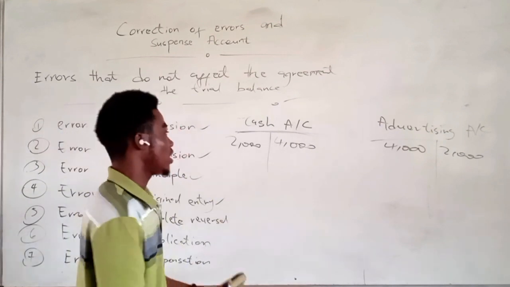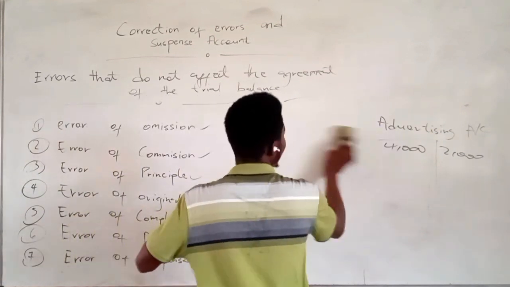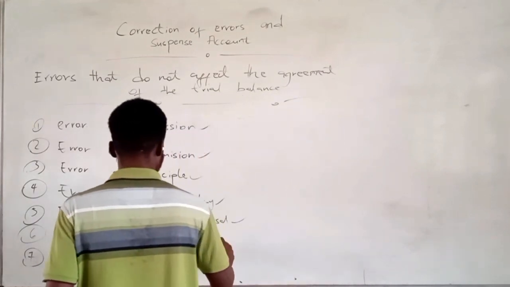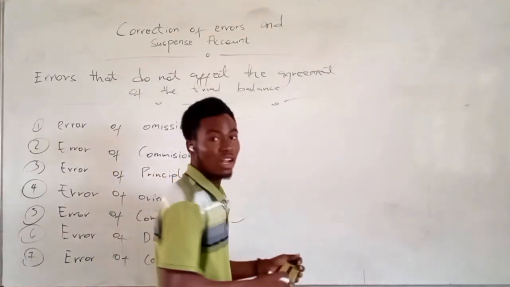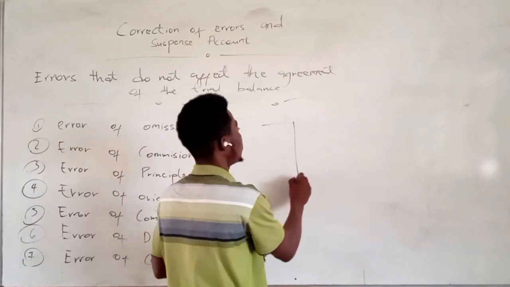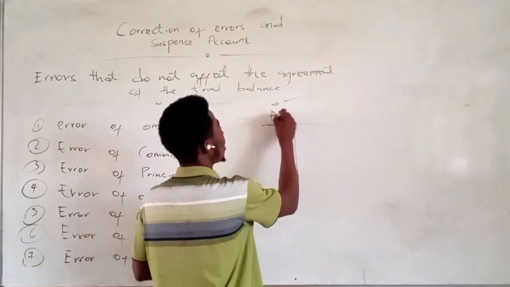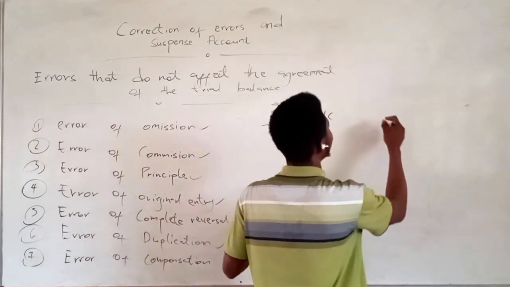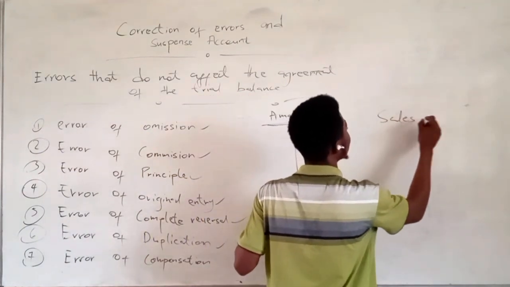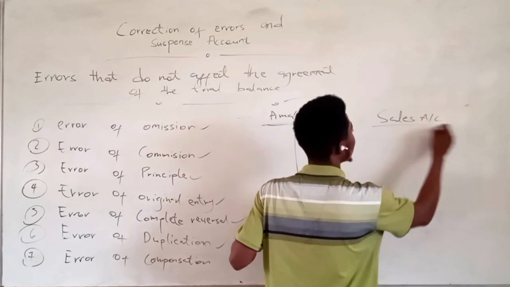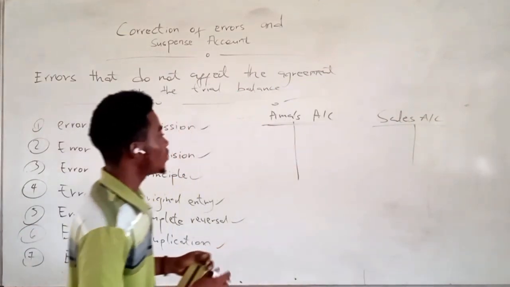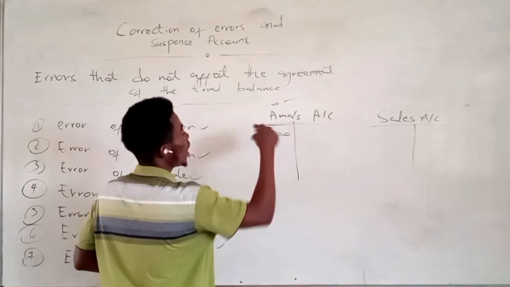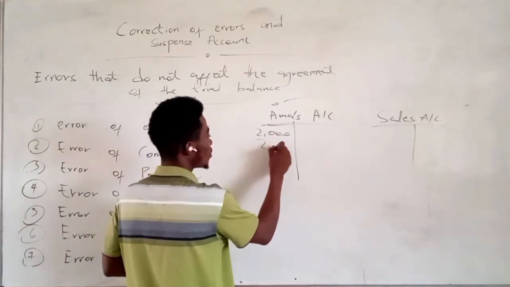Let's go to another error and correct it. We have the error of duplication. Let's say we have Amex account and we have sales account. Error of duplication is, let's say we recorded this 2,000 and we recorded it again, 2,000.